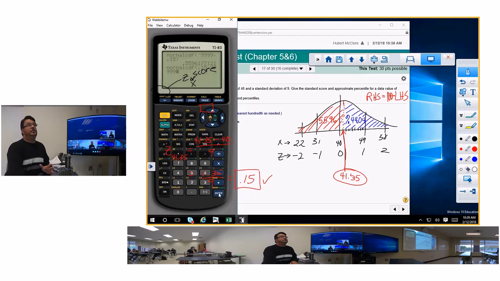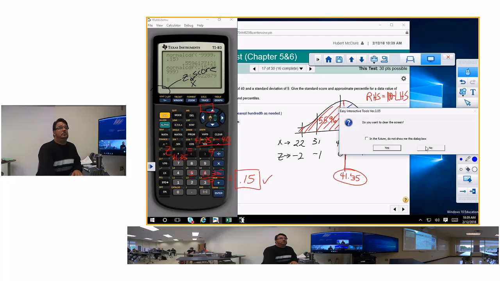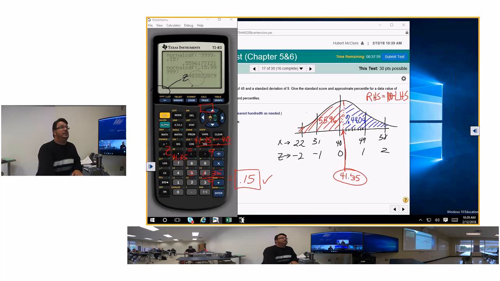And enter. It should be 0.4404. There it is, 0.4404. That's how you use the calculator for the right-hand side. Now, how do you find the right-hand side without a calculator? 1 minus the what? 100 minus the left-hand side.